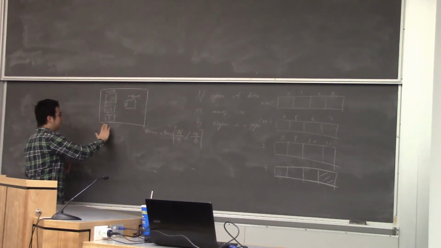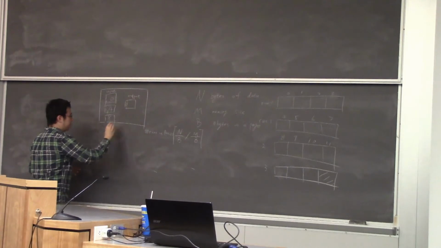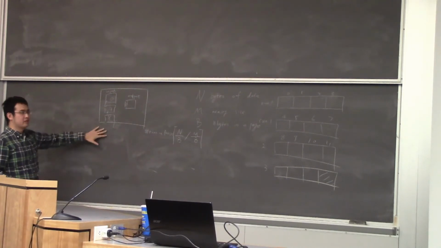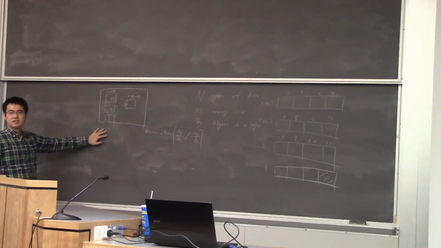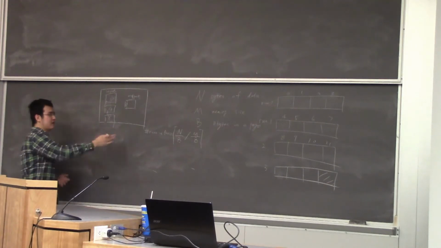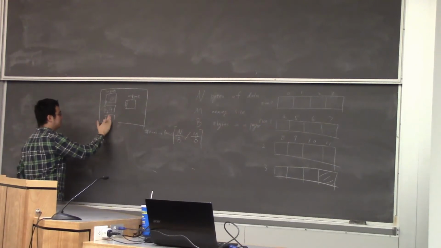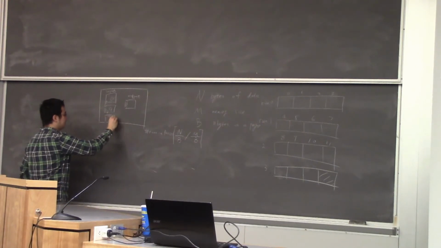Say it's this one, so now your pointer falls out of the page. What are you going to do next? Similar to what was done in two-way sorting, you bring the next page of the second run into memory. That will give you page 9 here.